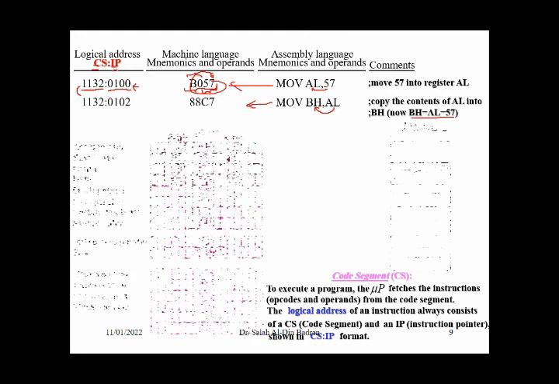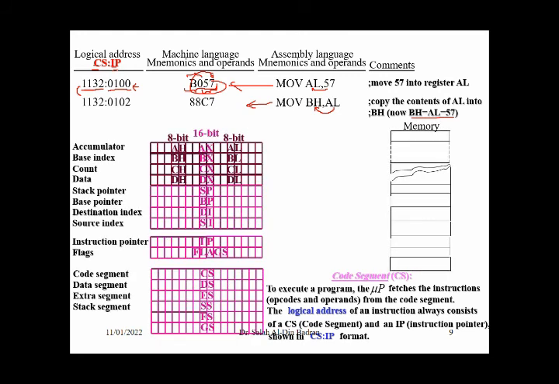Let's see this graphically. How things will be stored and moved inside the memory between the microprocessor on the left side. This is the microprocessor registers, and this is the memory locations.